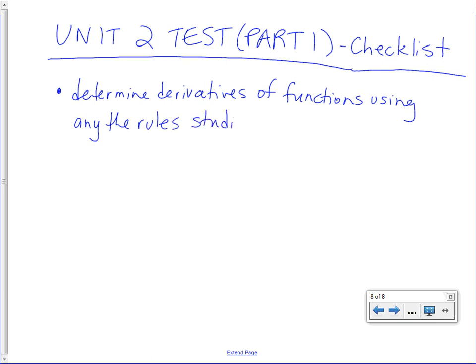So any rule we've studied is fair game. There are all the rules associated with polynomials. Remember: constant, power rule, constant coefficient, sum, difference. And then throughout the rest of the unit, we've introduced product rule, chain rule, quotient rule. So any of those rules, fair game.